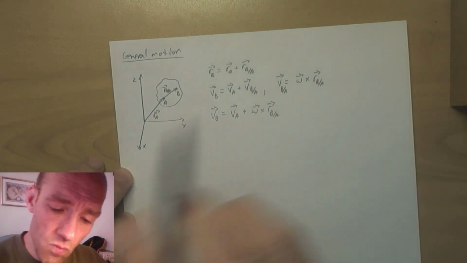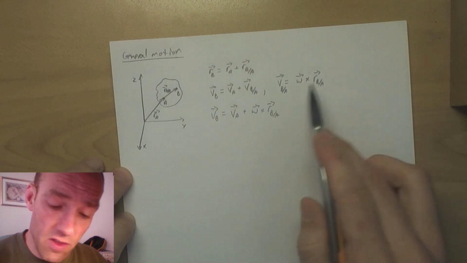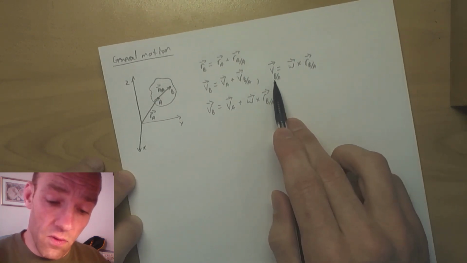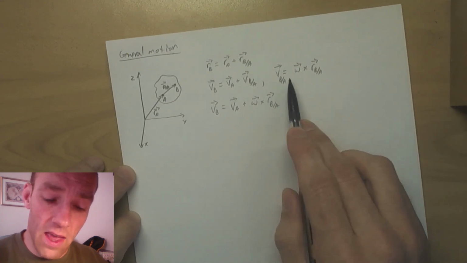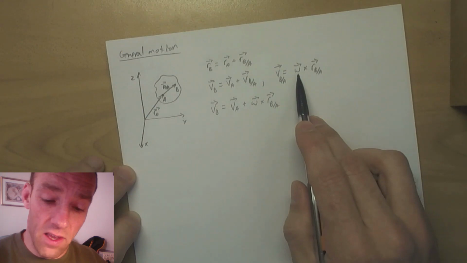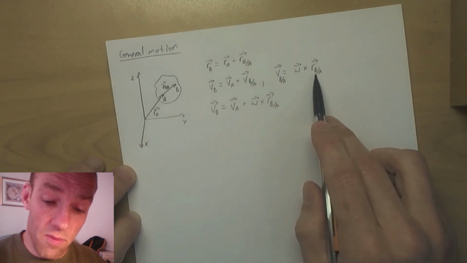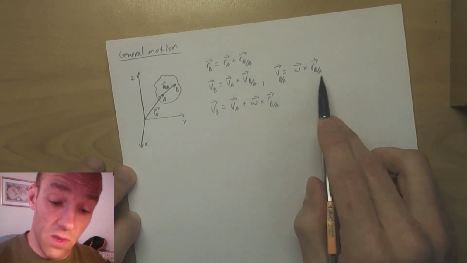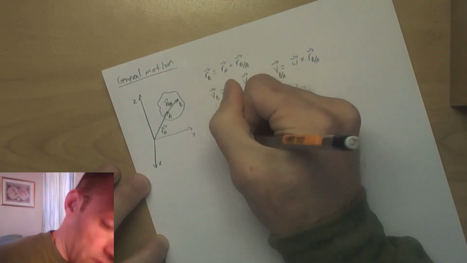Okay, so this is kind of hand wavy, but this is a definition. So if I wanted the velocity of point B relative to A, it's just going to be the angular velocity crossed with the position of B relative to A.